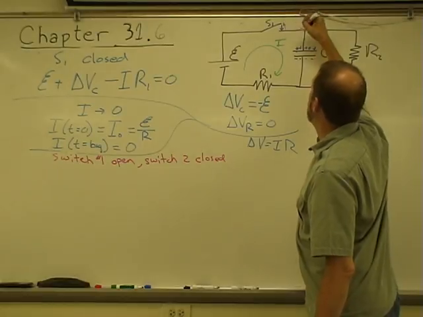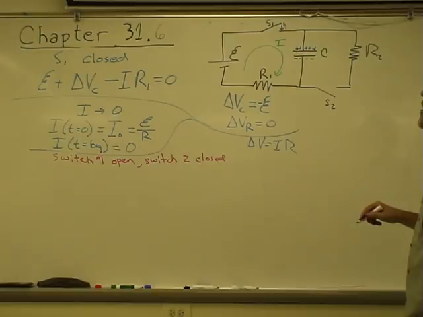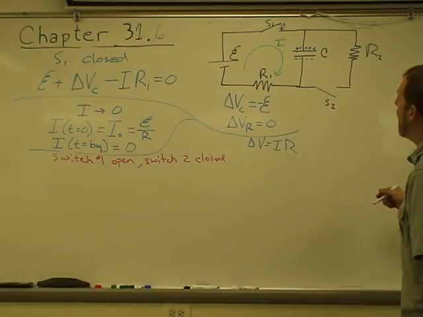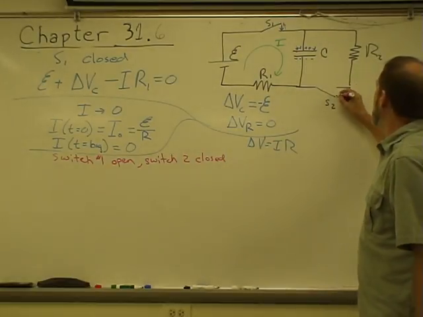Now we open this back up, and we've got a hole in our path, so there's no path for the current to move through. We take it through here, and now that's closed.